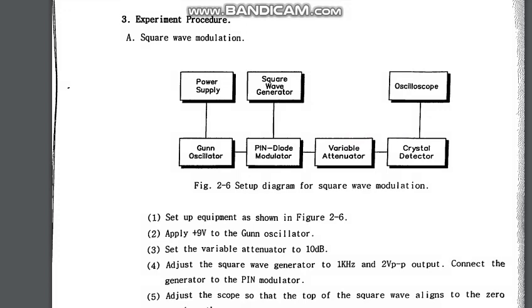We have to apply 9 volt to the Gunn oscillator, and we have to set the variable attenuator to 10 dB.